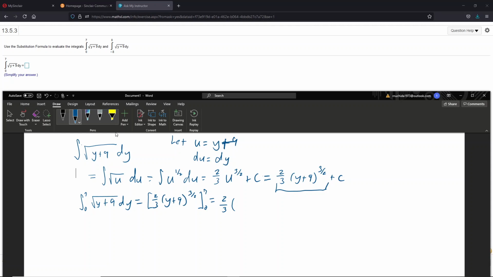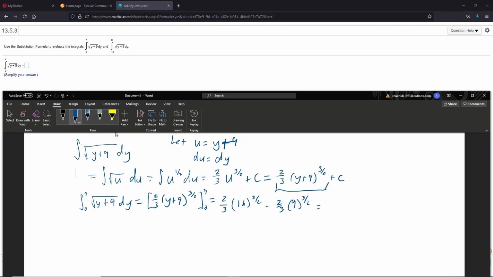So plugging in 7, we'd have 2/3 times, 7 plus 9 is 16, to the 3/2, minus 2/3. Plugging in the 0, 0 plus 9 would be 9, so it'd be 9 to the 3/2. 16 to the 3/2 is the same thing as the square root of 16 cubed.